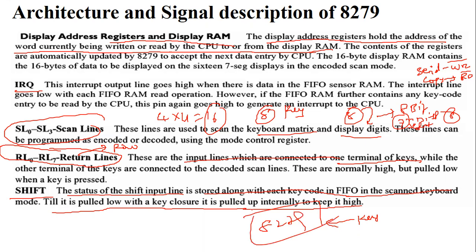The shift key is only 1 bit, so it transfers the information bitwise, not bytewise, where bytewise means 8 bits at a time. The shift line transfers information bit by bit to the FIFO sensor RAM.